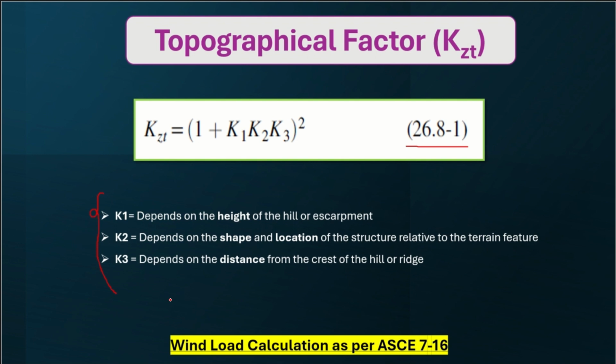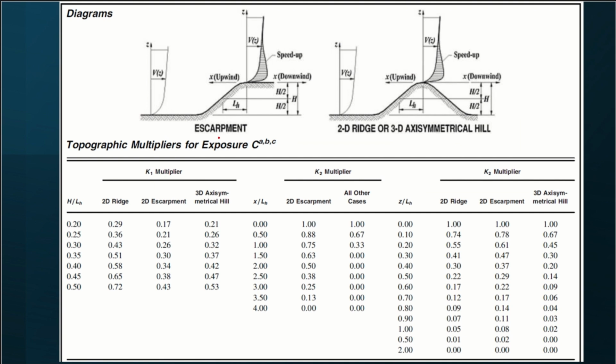If the site is on or near a hill, ridge, or escarpment, and your terrain meets the conditions mentioned in 26.8.1, guys, this is the table which gives you K1 and K2 values. There is one more table where you can find the K3 value, guys. These K1, K2, and K3 values depend upon the escarpment, ridges, and the 26.8.1 conditions.